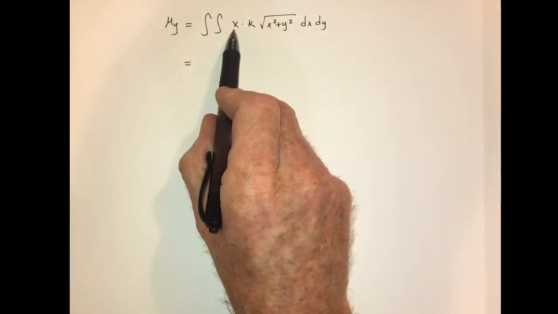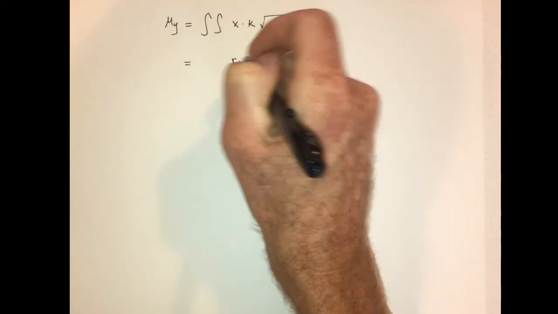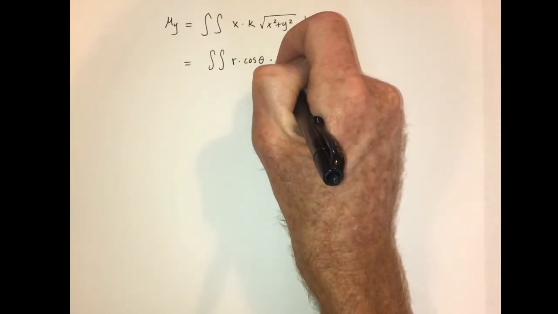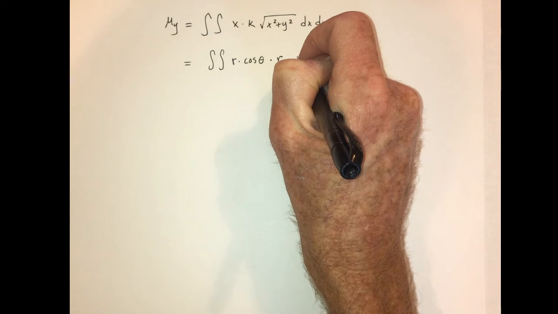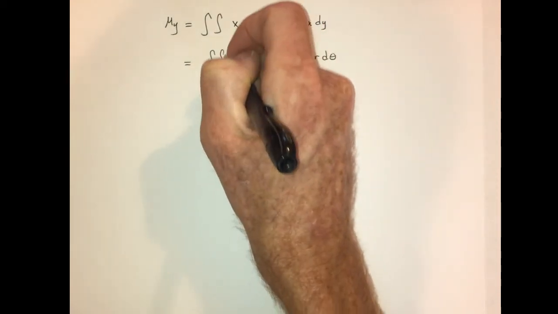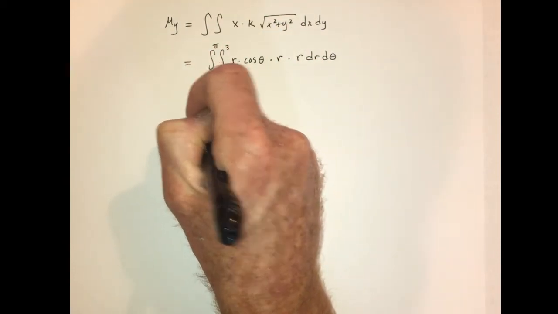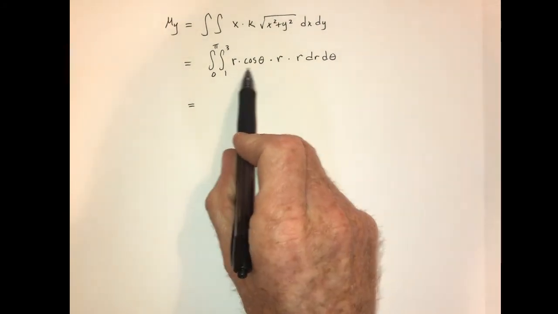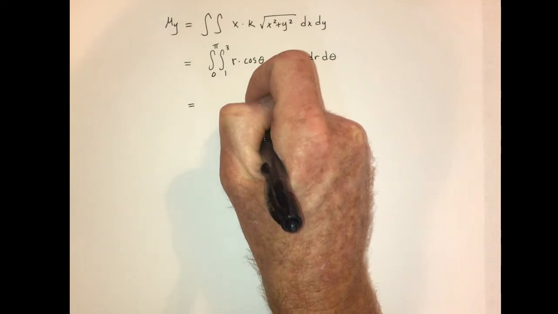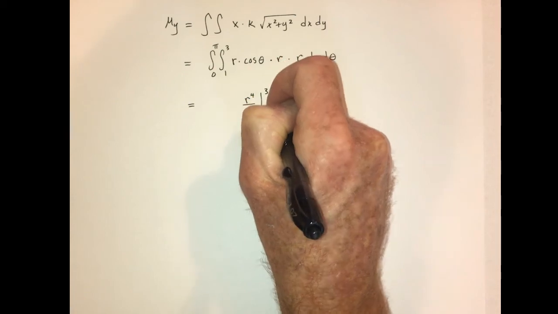So in polar, x is equal to r times cosine theta. And then this square root becomes just r. And then there's r dr d theta. And again, r goes from 1 to 3, theta goes from 0 to pi. So putting all these r's together, that's r cubed. So the antiderivative will be r to the 4th over 4, evaluated from 1 to 3.